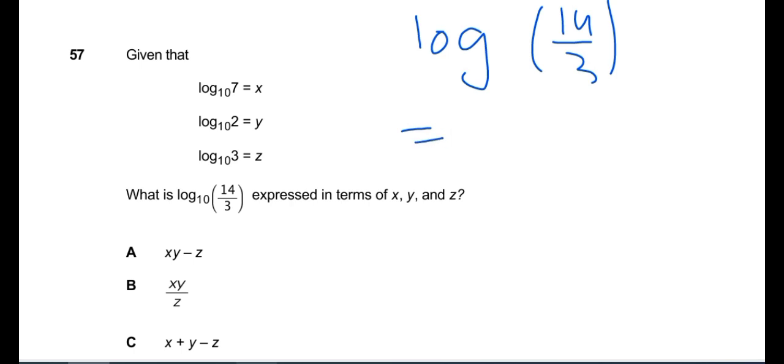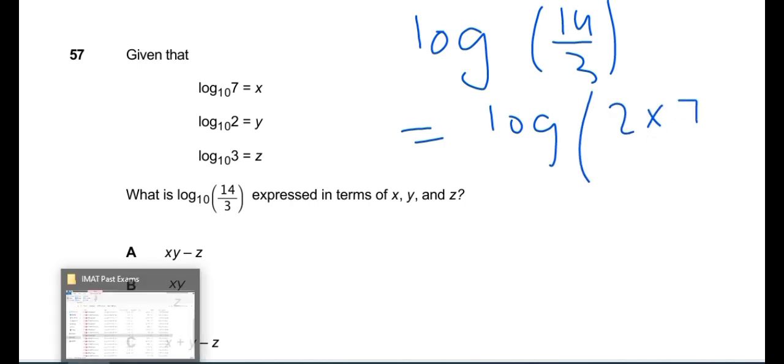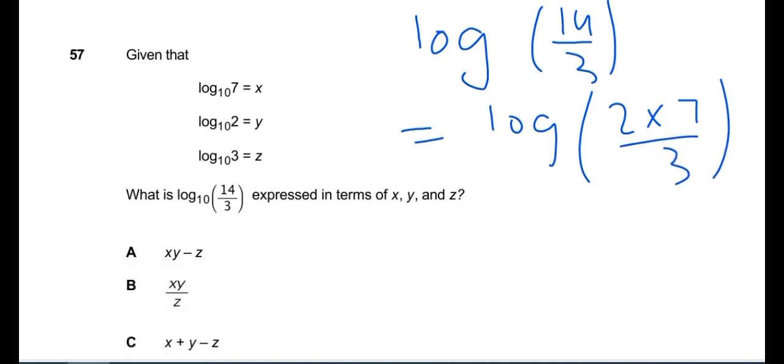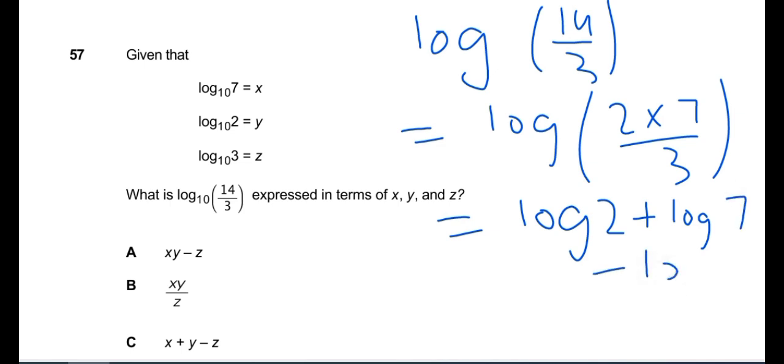is equal to log of, as I could write 14 as 2 multiplied by 7, over 3. According to the laws of logarithms, when two values are multiplied and we apply log, they are added, and the value which is divided should be subtracted, that is, minus log 3.